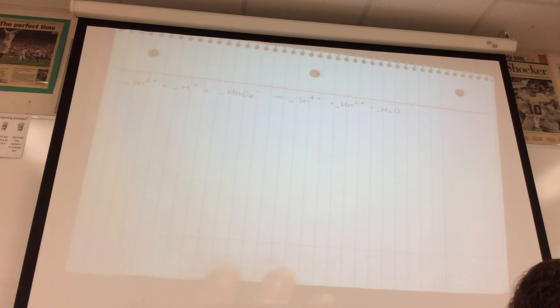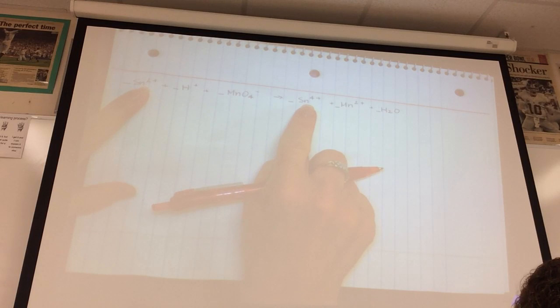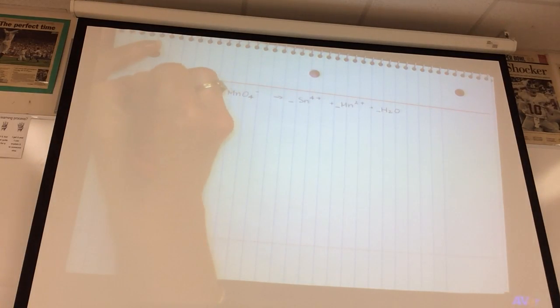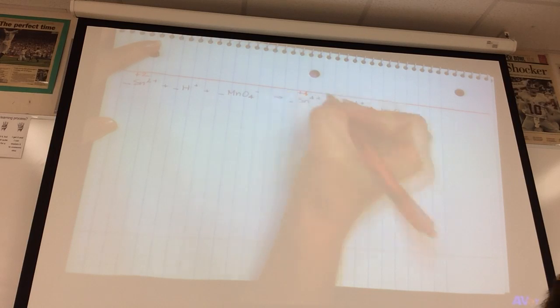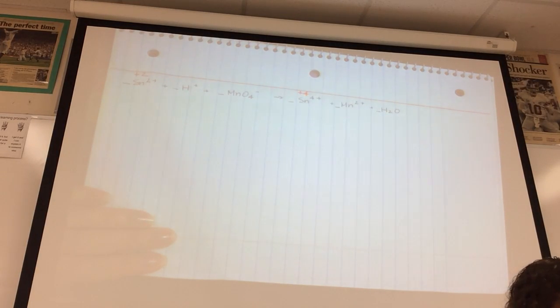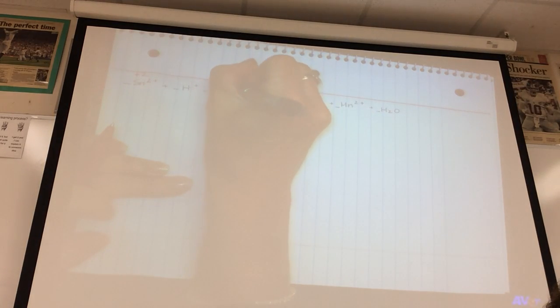And now I look. I see tin ion has changed its charge. The oxidation number of this one is +2. The oxidation number of this is +4. From what we just did previously, and this is why I said this would help you, the manganese in permanganate ion is +7.